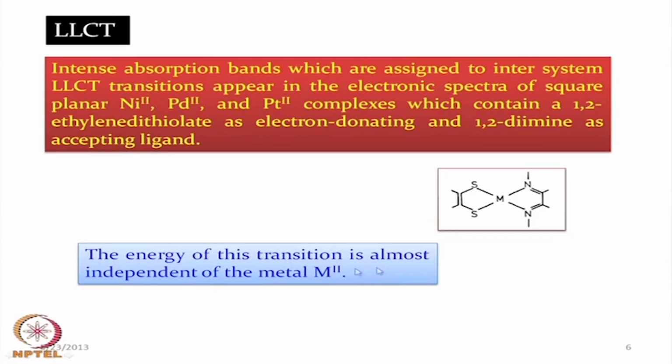So the energy of this transition is almost independent of the metal ion in the bivalent oxidation state. Whether we are making a nickel compound or a palladium compound or a platinum compound, the corresponding transition energy, or the lambda max we get for this LLCT transition, is close in energy. That means the metal orbitals are not involved in this ligand to ligand charge transfer.